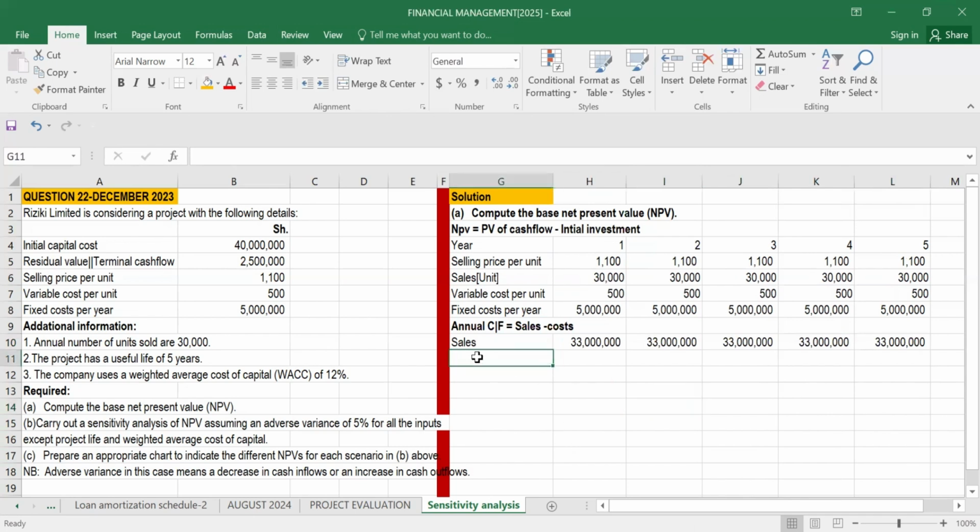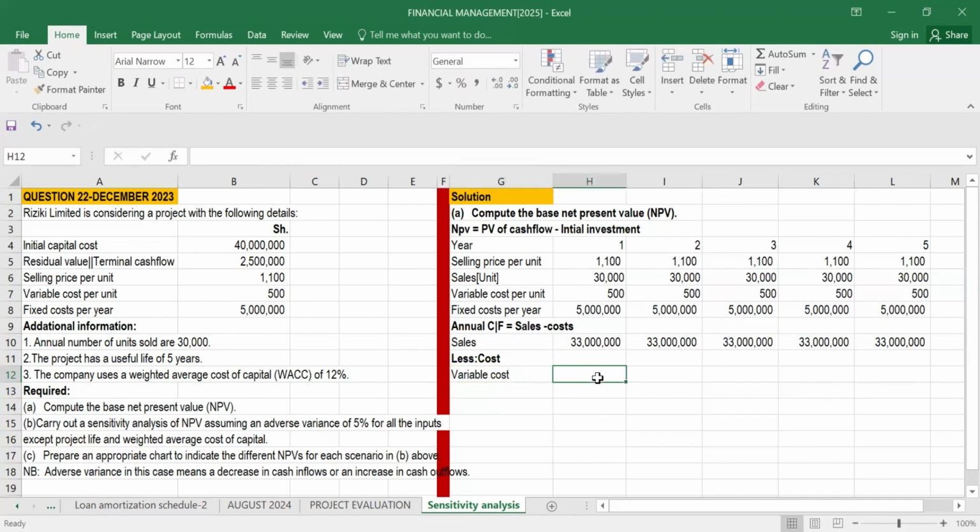Then to this, we need to less now the costs. In our case here, we have a number of costs. We have the variable cost, and then we have the fixed cost. We can start by computing the variable costs, of which in this case this will not be the variable cost per unit, but the total variable cost.